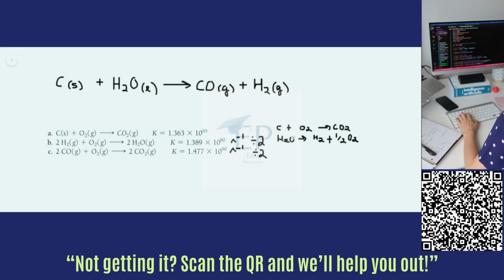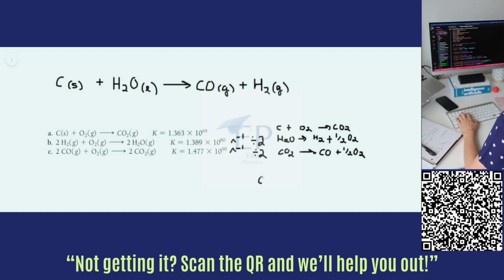And flipping this, I have CO2 going to CO plus half O2. And now let's see if this balances out to form this final equation.